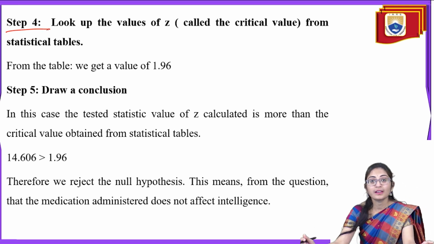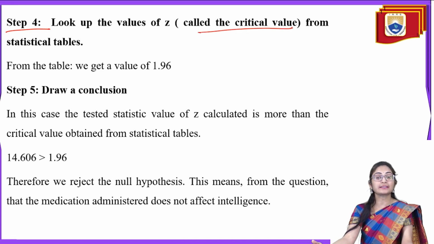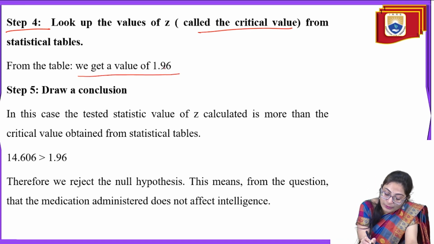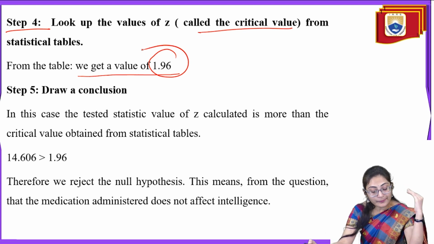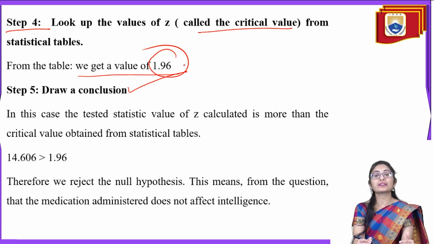After that, we go to step 4. Now we have to search for the critical value of Z from the statistical table, and from the table we get the value 1.96. Now we come to the conclusion.